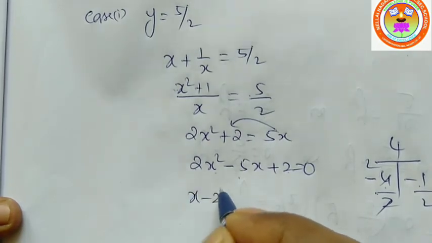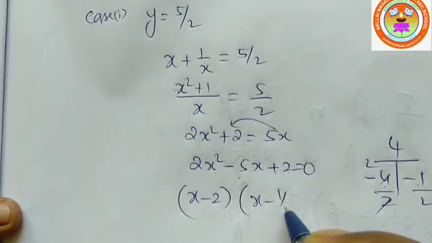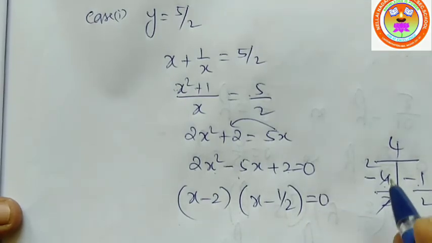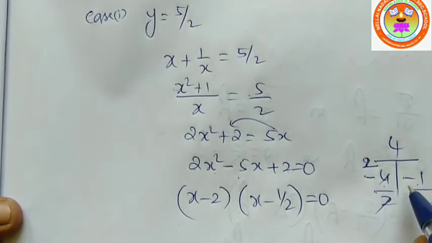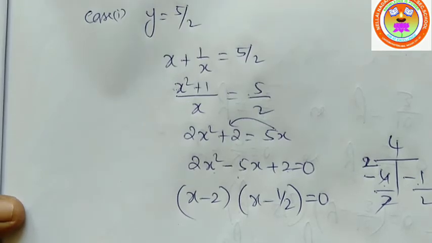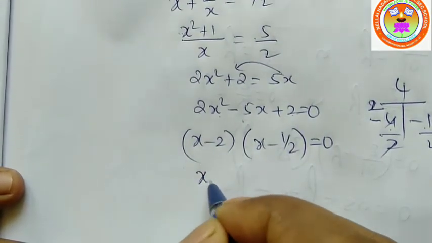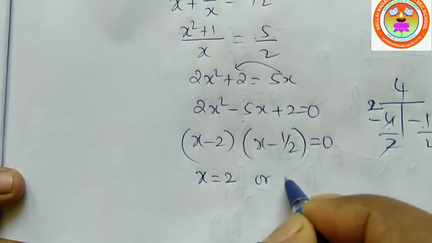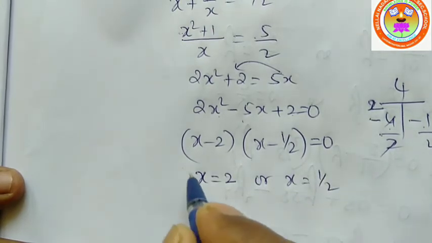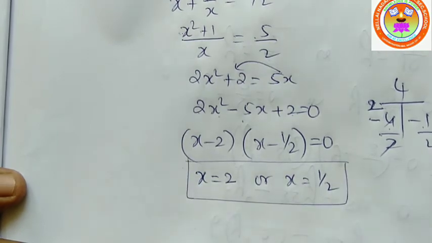That is (x minus 2) into (x minus 1 by 2), which is equal to 0. Here x minus 2, here minus 1 by 2. So product of two terms equal to 0 means either the first term 0, that is x is equal to 2, or x is equal to 1 by 2. So we got two roots.